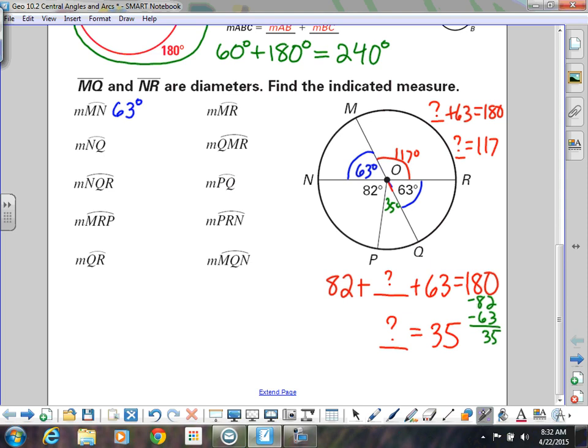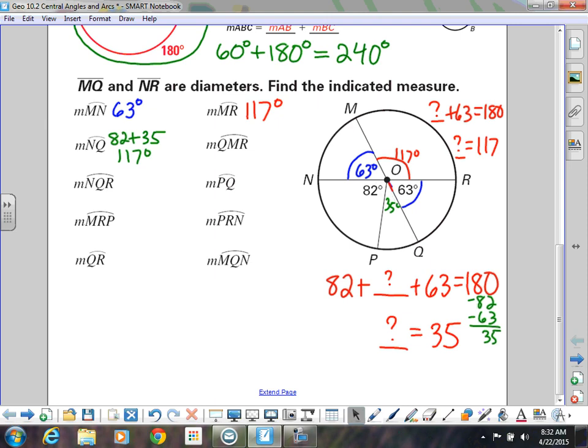MR goes from here to here, and that piece of pie is just 117 degrees. All right, let's do NQ. NQ goes from here to here. Now that has two pieces of pie, so we have to add those two things together. We're going to do 82 plus 35, and that gives me 117.